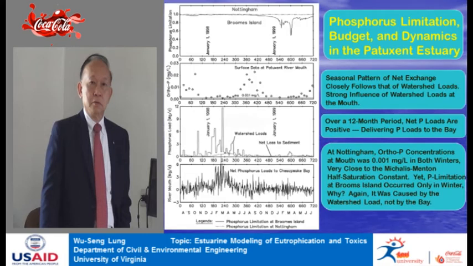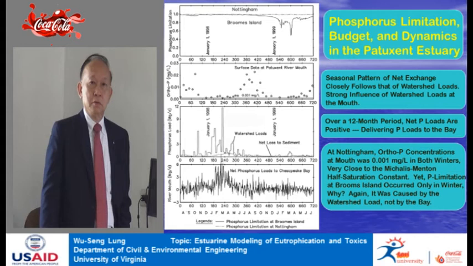Now, very close to all these. Let me back up. What is the question? The question is, why in the first year, in the wet year, is there no limitation for phosphorus at Brooks Island, yet there is a significant one at the other site? Yet their concentrations are very similar.